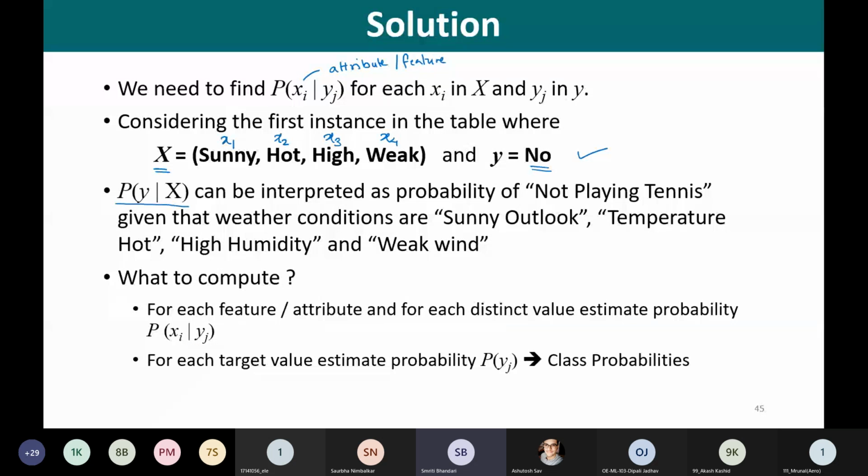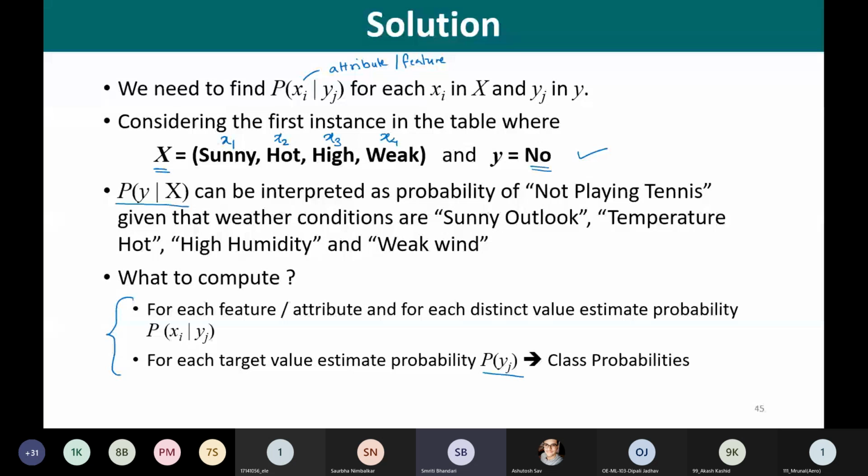And for each target value, we need to estimate the probability of yj. So that is the class probability, right? These two types of quantities we are supposed to compute based on the given training data set. So let us see how we are going to compute these quantities.